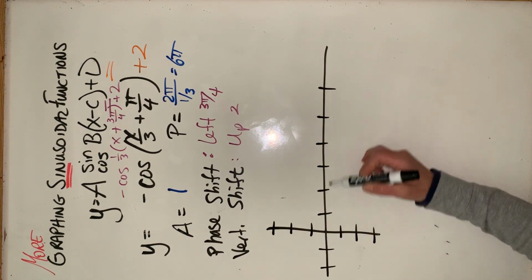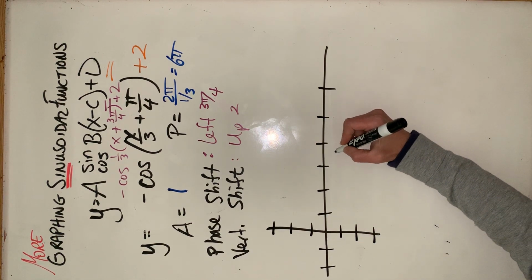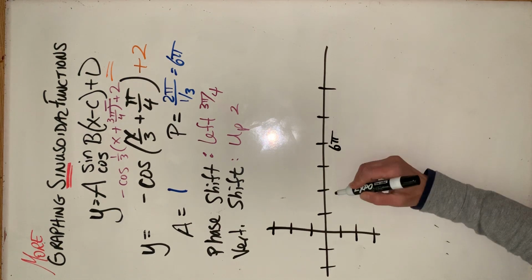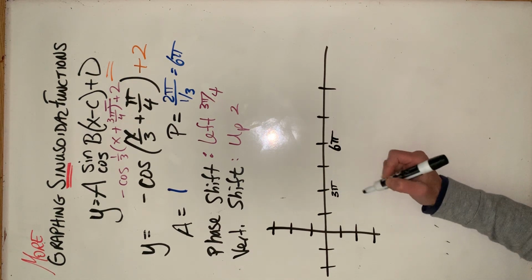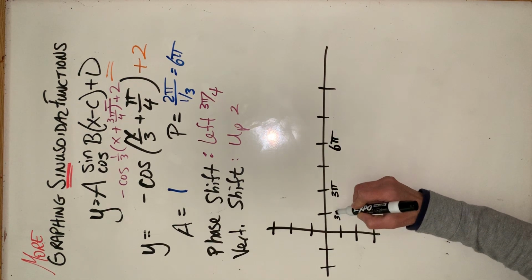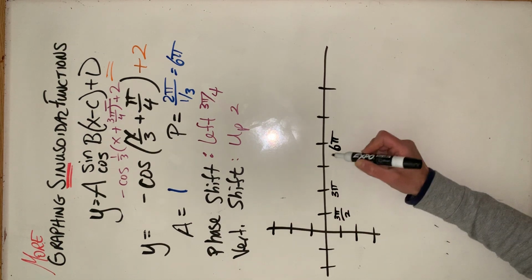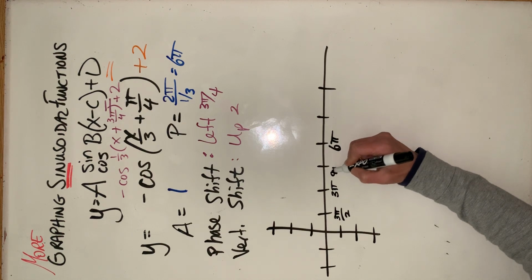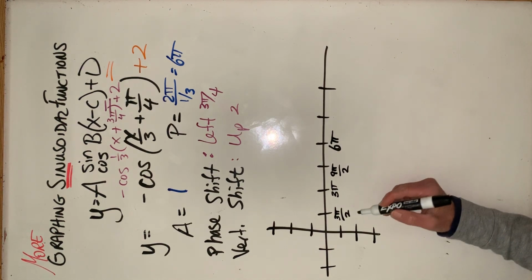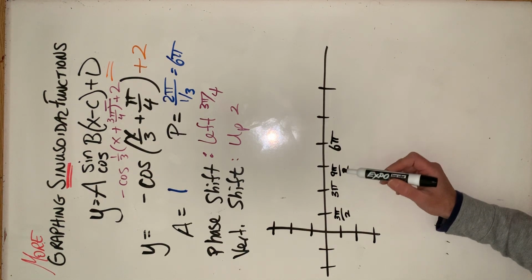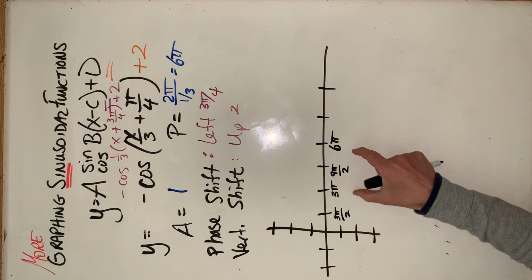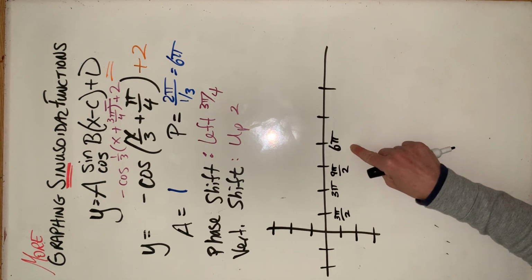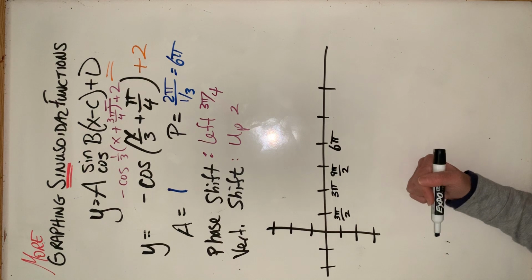So we're going to go out 1, 2, 3, 4, and that's going to be our period, which is 6 pi. Divide that in half, so this one's 3 pi. Divide that in half, so this one is 3 pi over 2. So what's this in between here? Indeed, it is 9 pi over 2. So you can either count 3 pi over 2, 6 pi over 2, 9 pi over 2, or average these two together, right? So 3 plus 6 is 9, and then divide by 2.